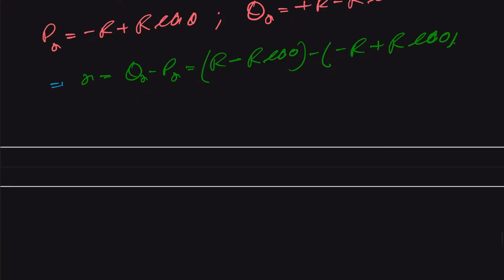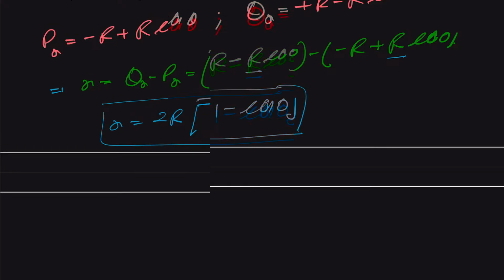So x will be equal to 2r, and 2r we can take as common, so this will be 1 minus cos of theta. So this is the distance between the two points P and Q.